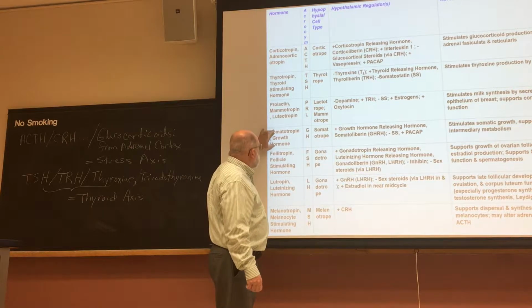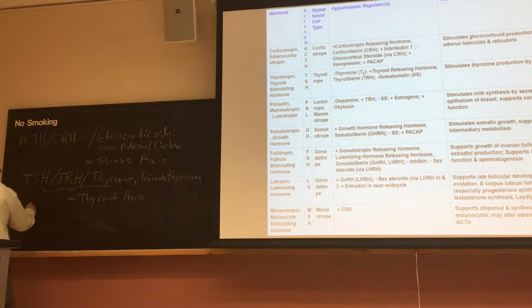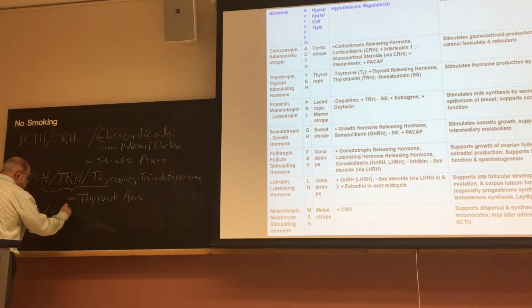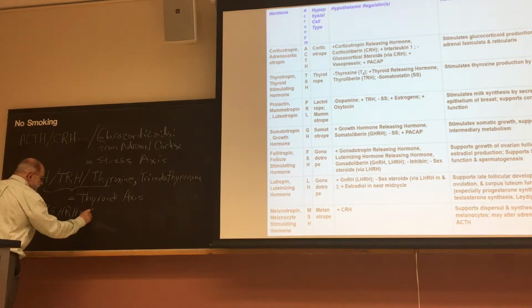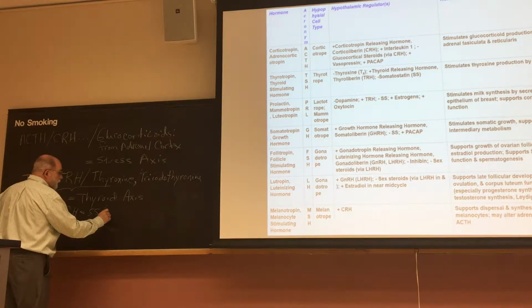The growth hormone axis, or the growth axis, so you've got GH, and you've got GHRH, and somatostatin controlling production.